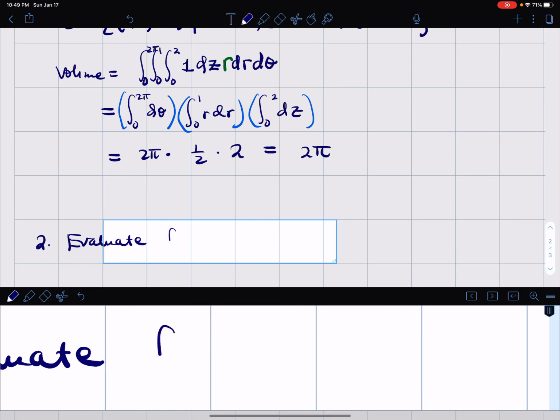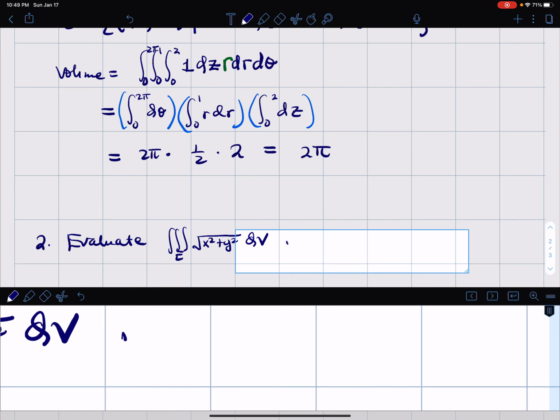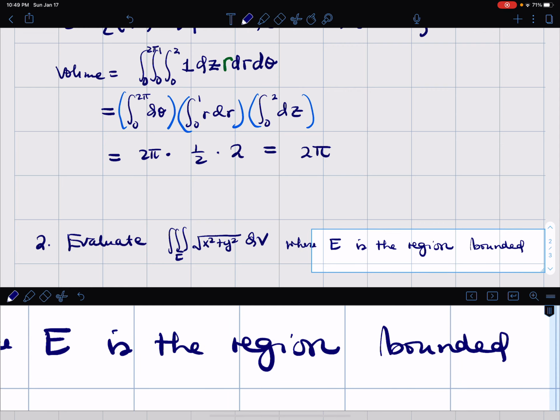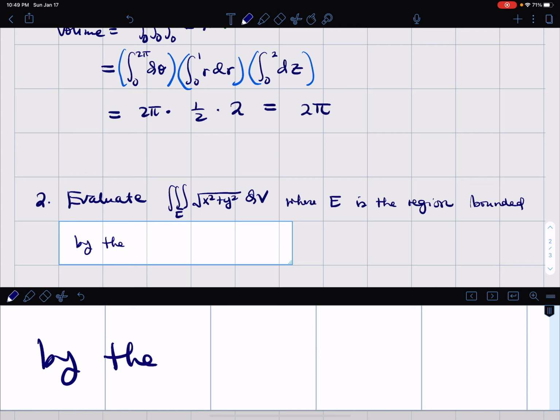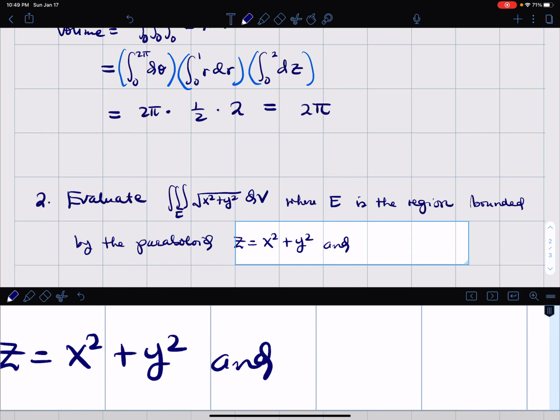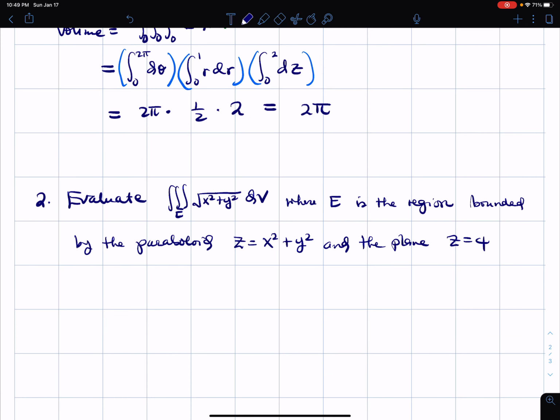Let's evaluate the integral of square root of x squared plus y squared dV over E, where E is the region bounded by the paraboloid z equals x squared plus y squared, and the plane z equals 4.